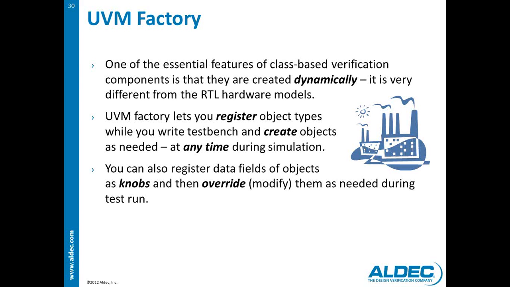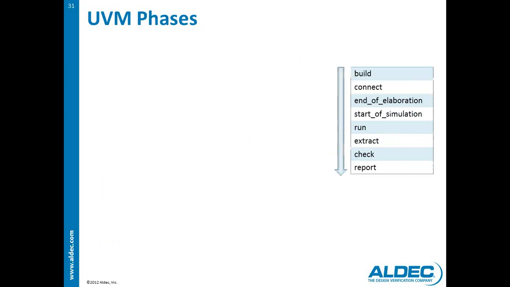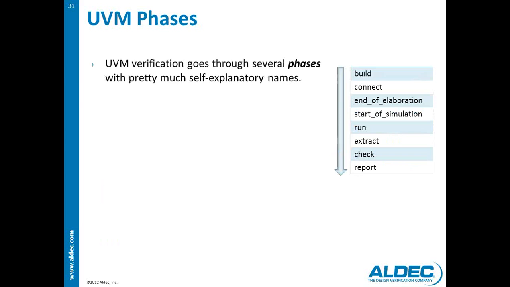So for instance, if you need a sequence, you can have a parameter that represents the number of packets that will be generated, and it may be added as a knob that can be adjusted when you add new sequences. So long story short, if you have UVM Factory and configuration database that registers everything, then it gives you tremendous flexibility, definitely not allowed in RTL code.